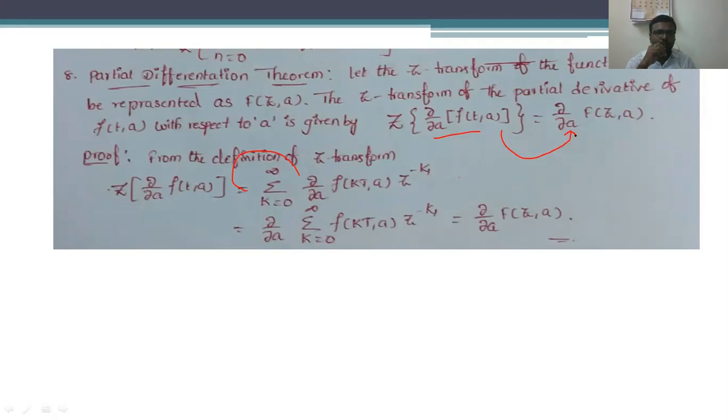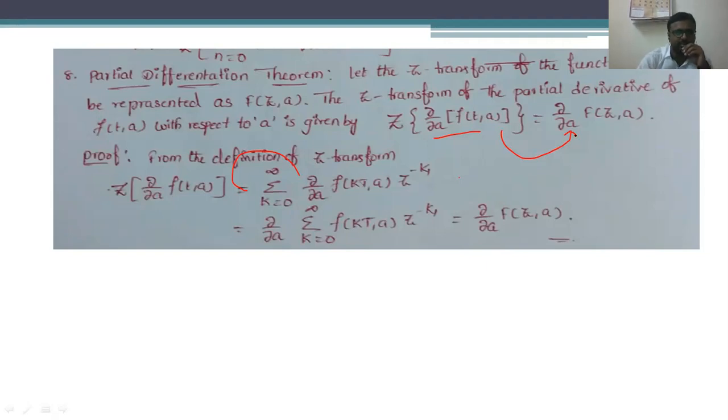So let us discuss different problems regarding the initial value theorem and final value theorem. Okay, these are very very important.